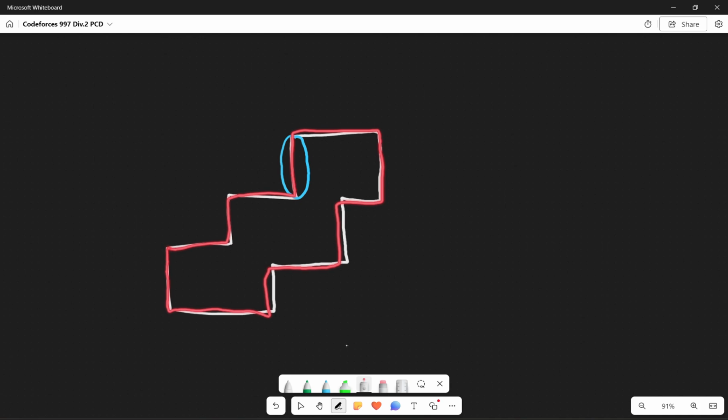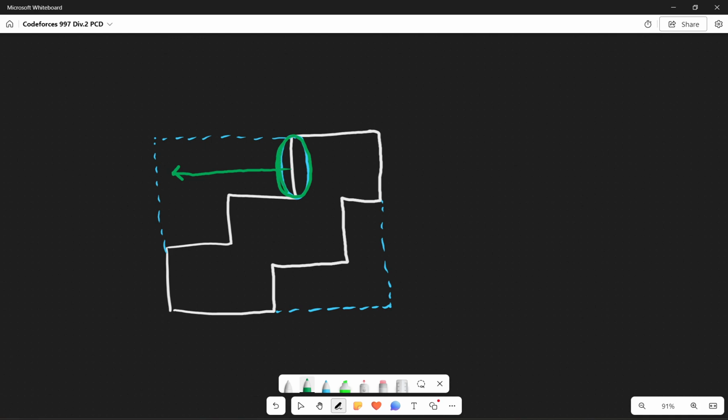All these lengths. To calculate that, what I will do is form one imaginary rectangle right here, right at the boundaries. I will take this line left till here, so it will be like this.